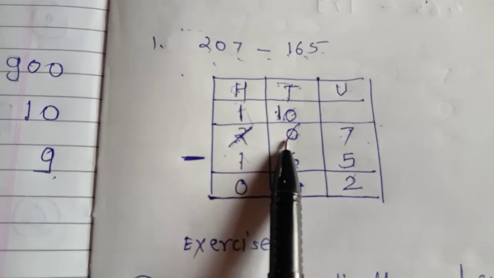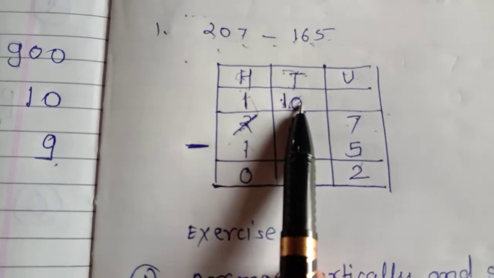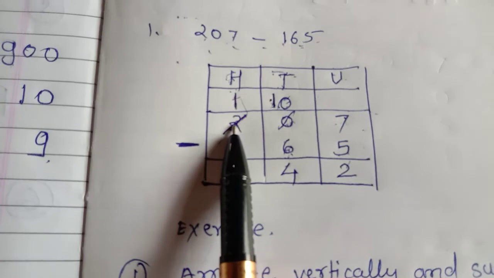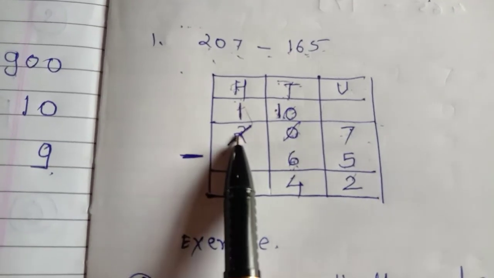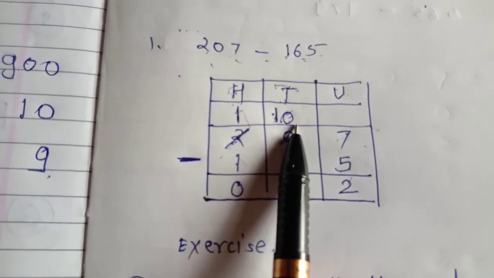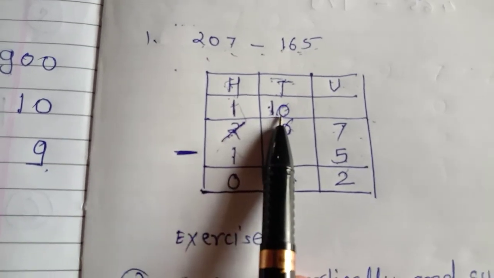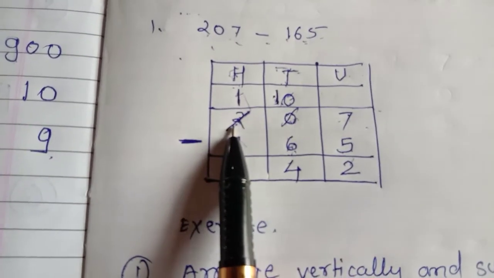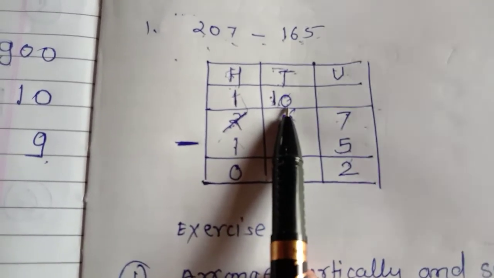However, we have 200s of which we can borrow 100 here. Now 100 remains in the 100 place. Look here. 200 means 100 here. So how many remains?